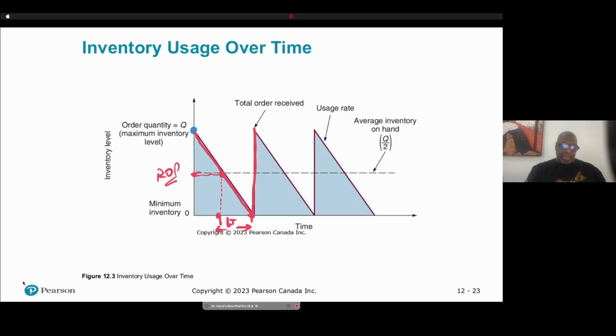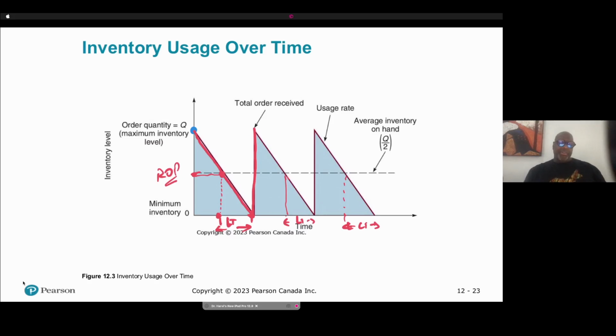Now granted, this just happens to line up with the dotted line over here, but that's just a coincidence. All right, so that's our reorder point right here.